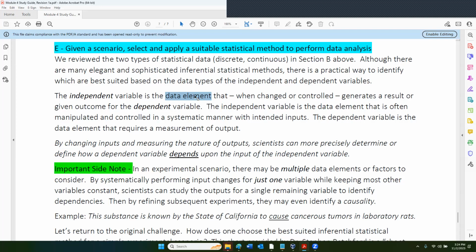And when you have a data element that you intentionally change or control, so you choose one of the data elements in an experimental scenario, when you change or control that data, that's referred to as the independent variable. Okay. And so you have different values. When this generates a result in other data elements, those other data elements are referred to as the dependent variable. Okay.